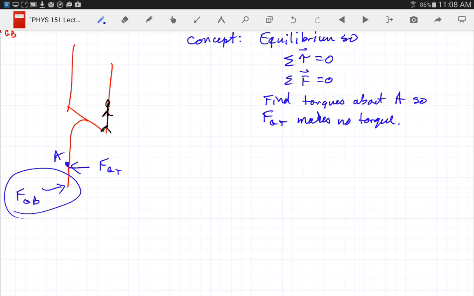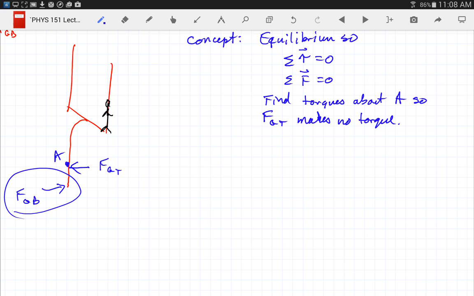G is for bottom. It's the bottom of the post. The T is at ground level, the top of the ground. T for top of the ground. So that's what I'm going to do.